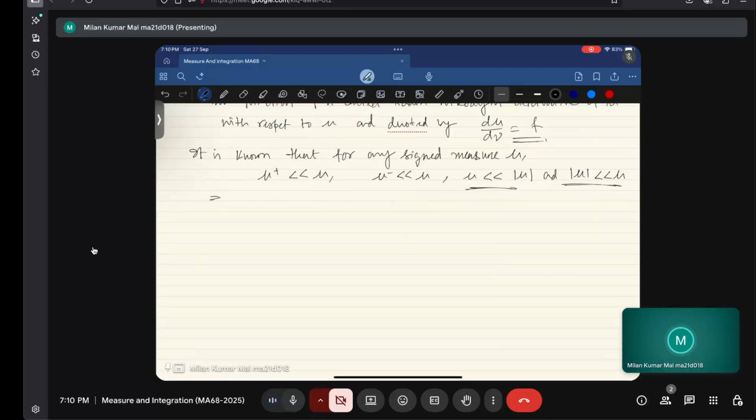So this will give that mu plus is absolutely continuous with respect to mod mu, and mu minus is also absolutely continuous with respect to mod mu. Here mu plus and mu minus are both finite measures, and mod mu is also a finite measure.